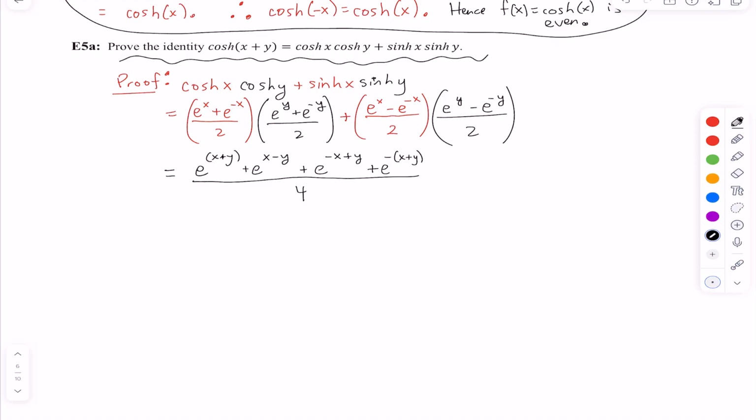So we get two fractions with a common denominator. You might be seeing a pattern now.